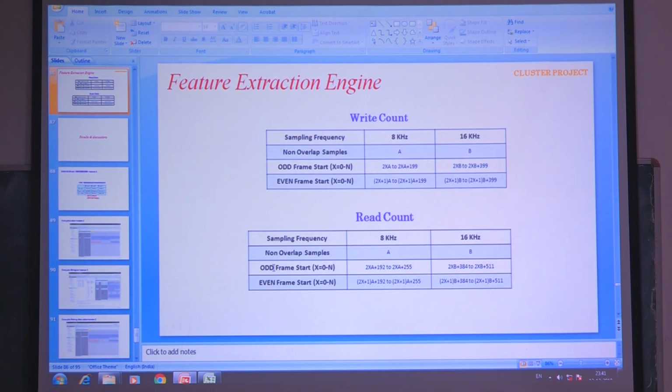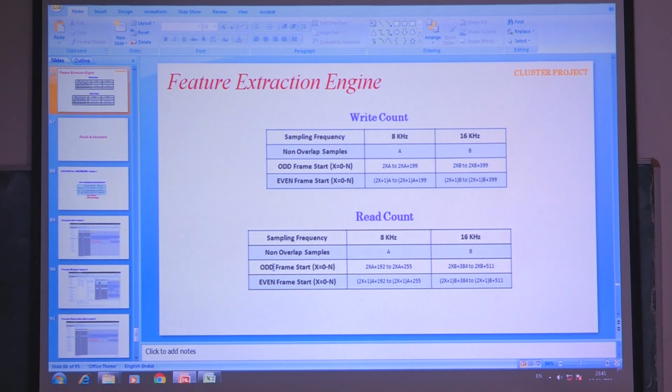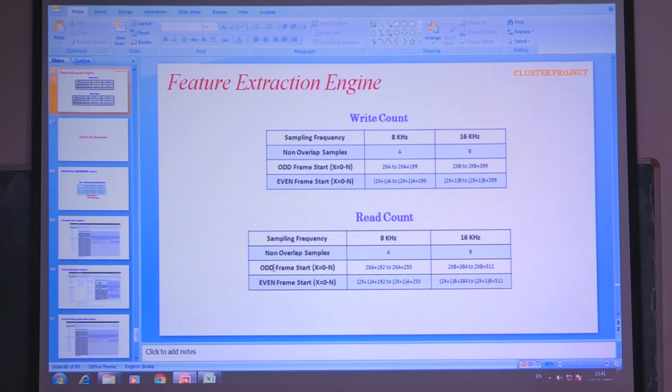Similarly, the read count also follows a mathematical equation, which is 2xA plus 192 as the first reading sample, and the last reading sample will be 2xA plus 255. Similarly, for the 16 kilohertz, 2xB plus 384 to 2xB plus 511.